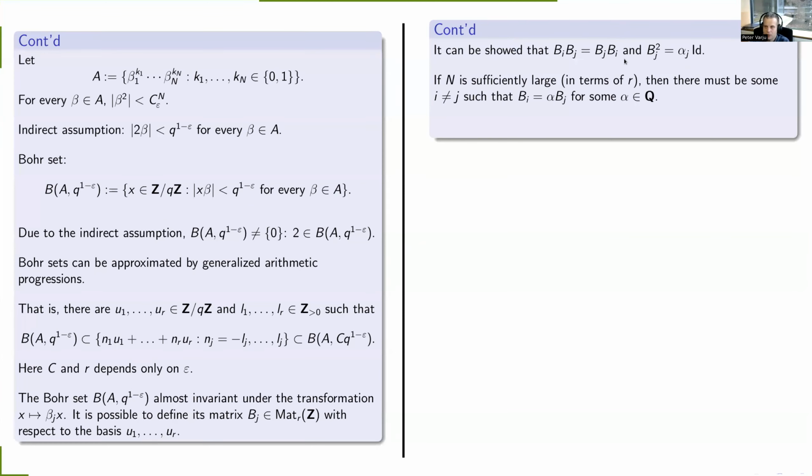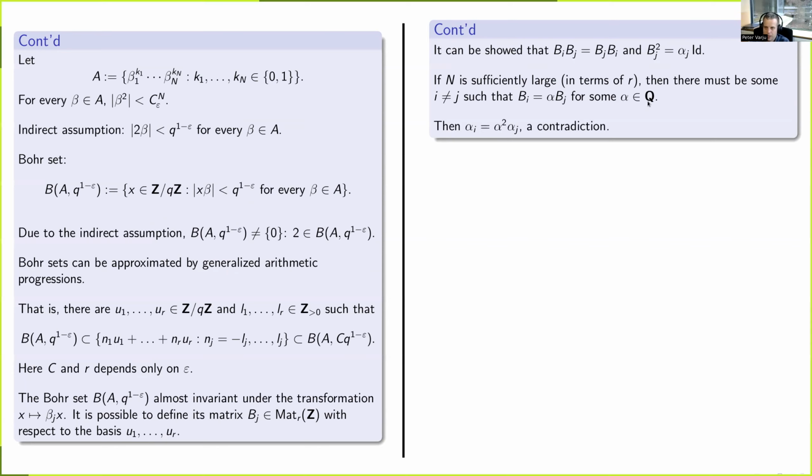And it turns out that if you make capital N, the number of matrices that you have, sufficiently large in terms of the rank, then there must be 2 of them which are scalar multiples of each other for some rational number. And this will imply that my original alphas were not independent of each other, which contradicts how I chose the alphas, and this is the end of the proof.